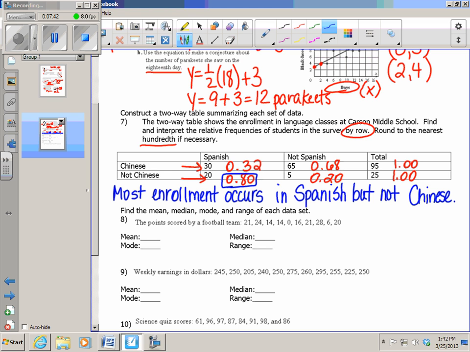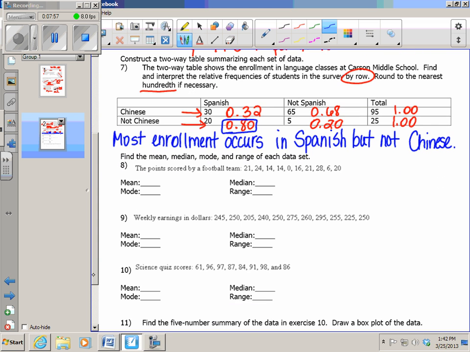For number 8, we're looking to find the mean, median, mode, and range of each of the data sets. Number 8 says these are the points scored by a football team, and we need to order them from least to greatest before we can begin. So I have 0. Whoops, not 14 just yet.